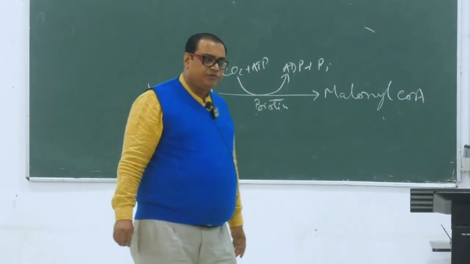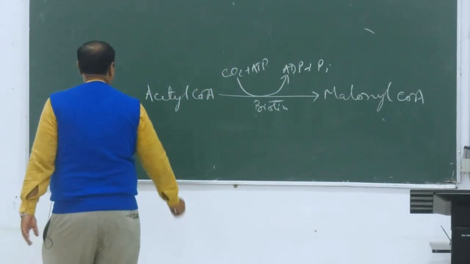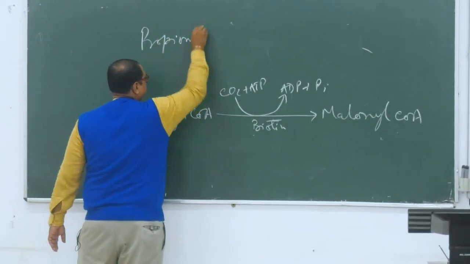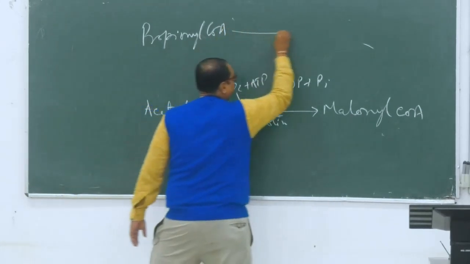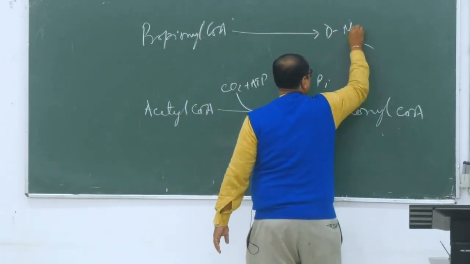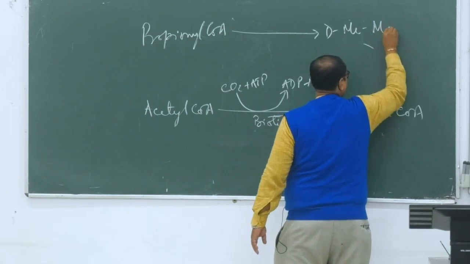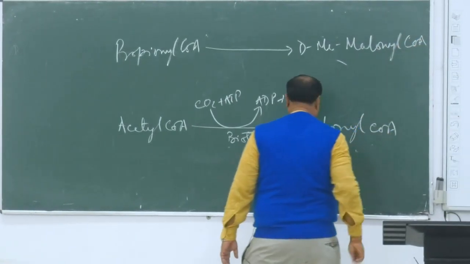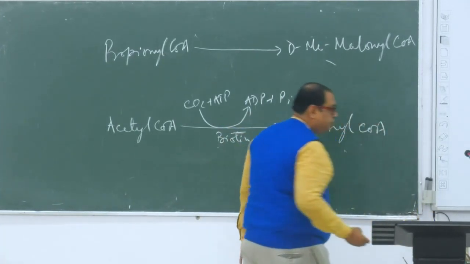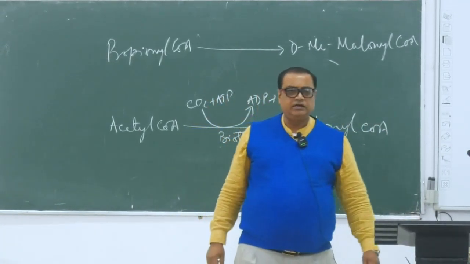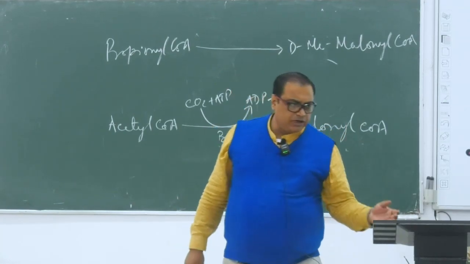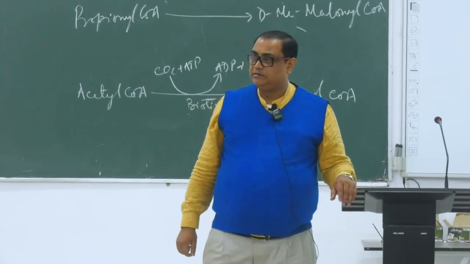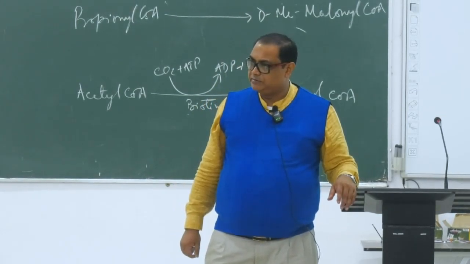Methylmalonyl CoA, propionyl CoA carboxylase. Correct? Good. So this is a reaction through which propionyl CoA enters into the TCA cycle, through succinyl coenzyme A.